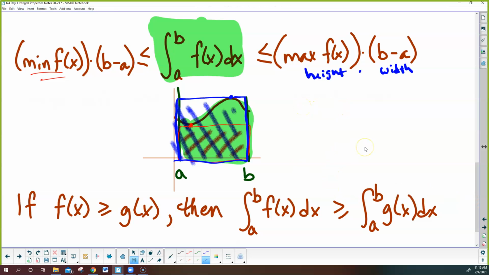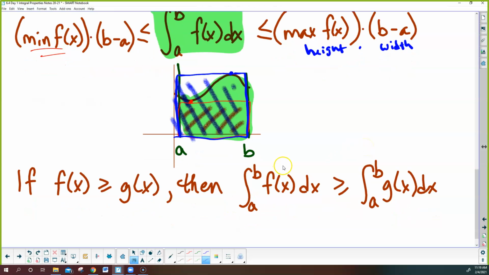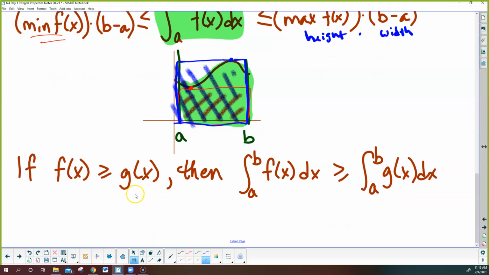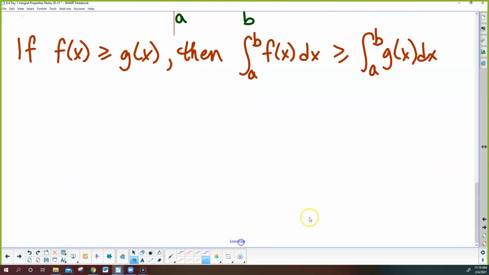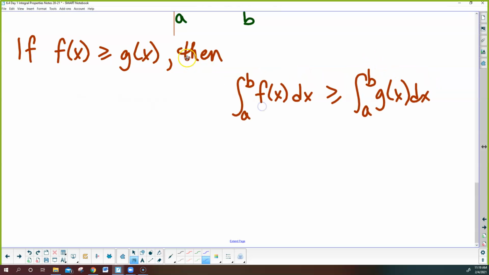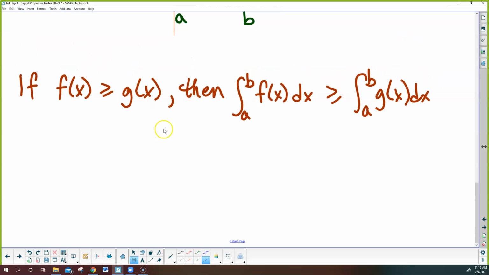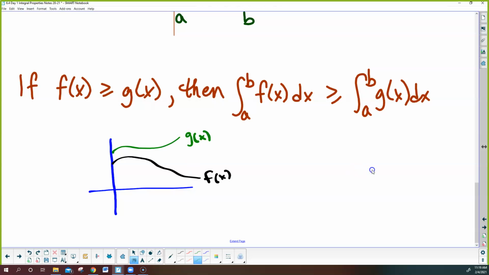All right, so what does that tell us? There's a second thing. If we have two functions, this is a separate concept, and it's kind of common sense. That's why we're not having you write these ones down. But let's say that I've got f of x, which is this function, and then I've got g of x here, and I want to go from a to b.